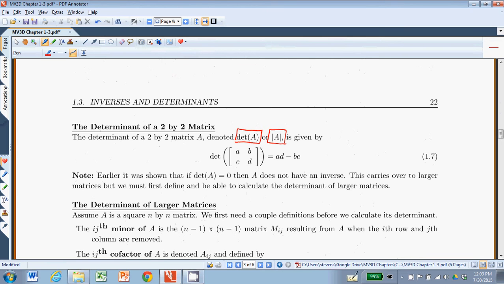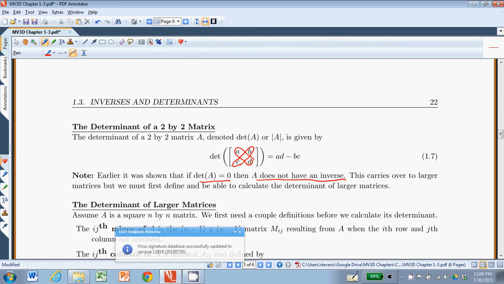It actually is talking about the determinant of a matrix. As mentioned earlier, the determinant of a 2 by 2 is AD minus BC, and if the determinant is 0, the matrix does not have an inverse. We want to calculate a determinant to tell ahead of time whether our matrix has an inverse, and we can do that by finding its determinant.